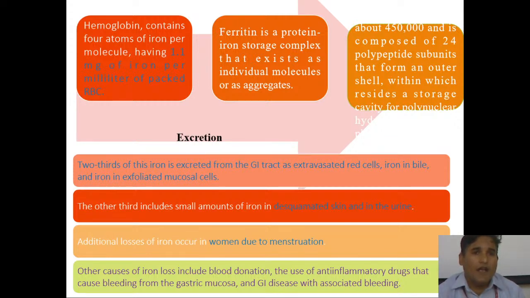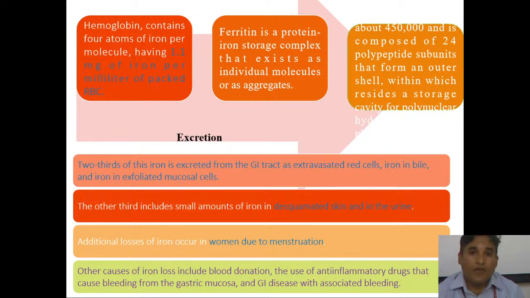Hemoglobin contains 4 atoms of iron per molecule, and 1.1 mg of iron per milliliter of packed RBC volume is available. Ferritin is basically the reservoir present in the GIT mucosa that stores iron.